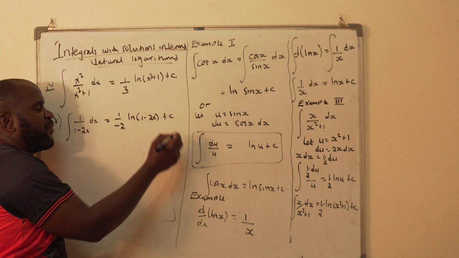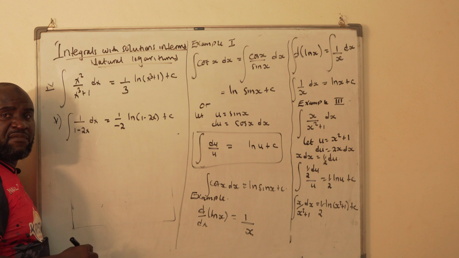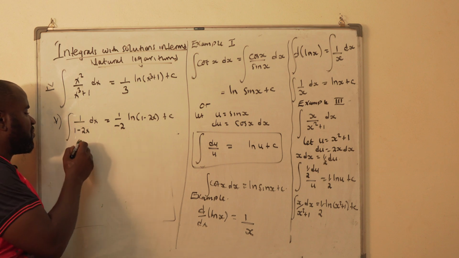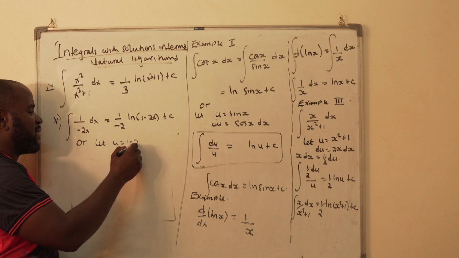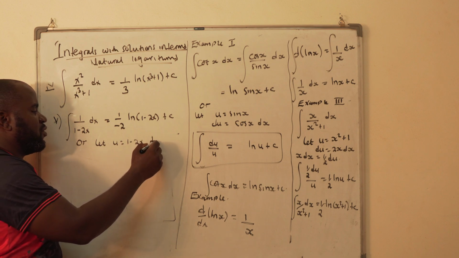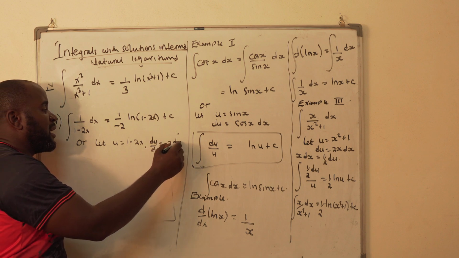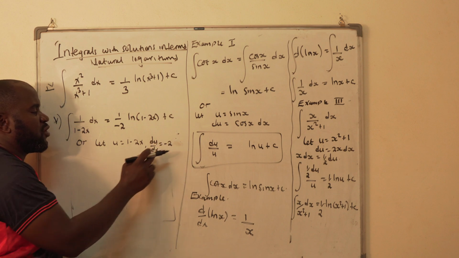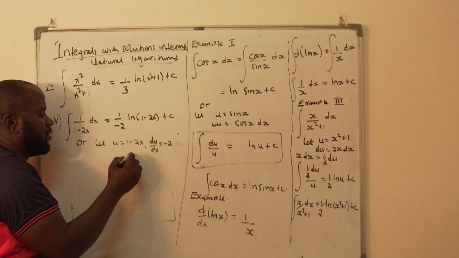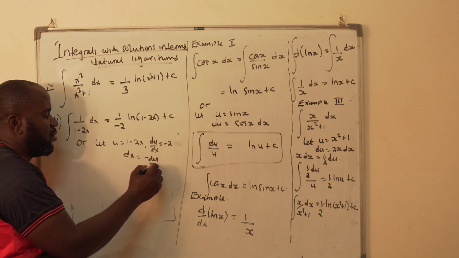Now, sometimes when people don't follow this bracket of the definition, which I mentioned earlier in the beginning of the video, we can always use method 2, which is letting u be 1 minus 2x. So that du over dx is equal to negative 2. So you can make dx the subject, and in that case dx is equal to negative du over 2.